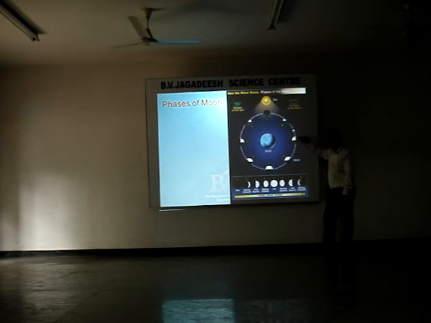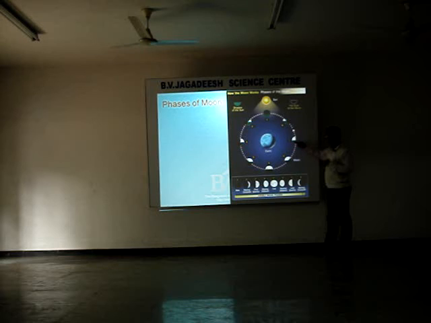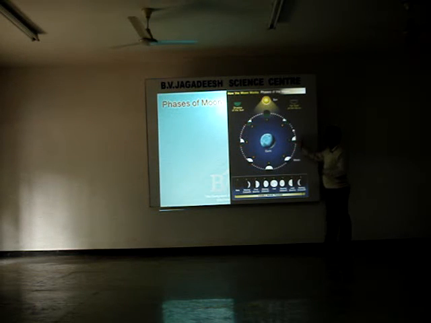This is still a day, but not visible. Many people misunderstand this region to be the far side of the moon. It is not. It is just the near side of the moon, which is not getting seen. This is the day time of the near side of the moon. This is the night side of the near side of the moon. Okay, and this side is the far side. This side is the near side.